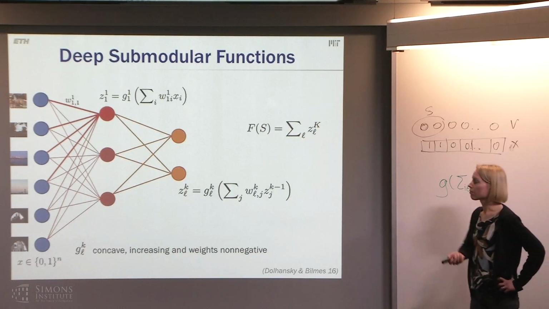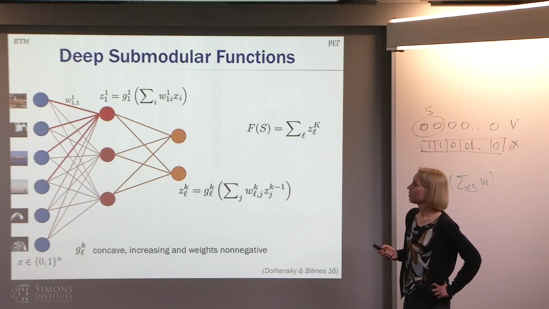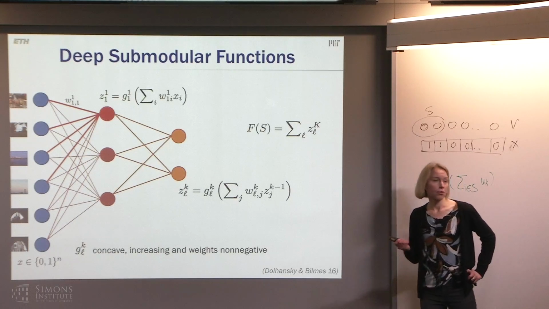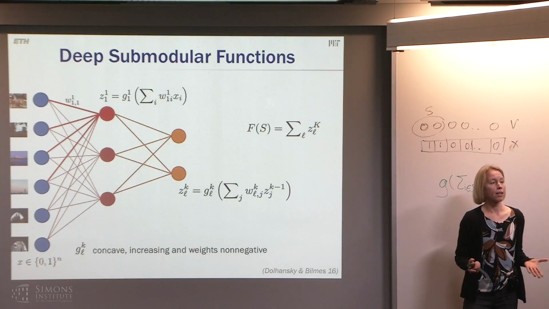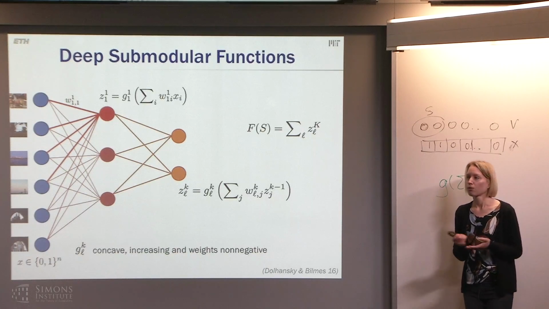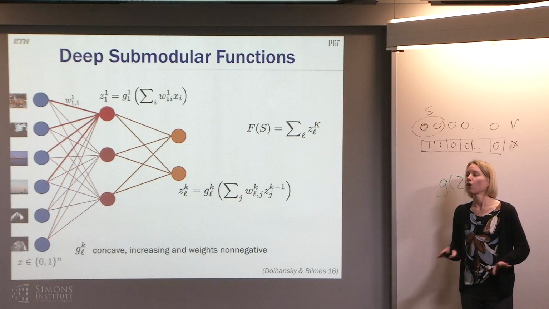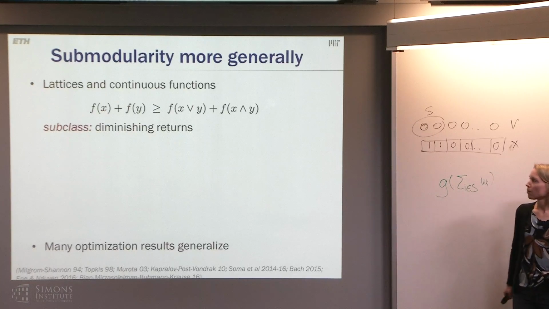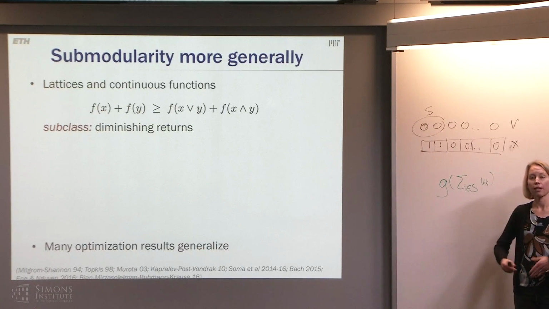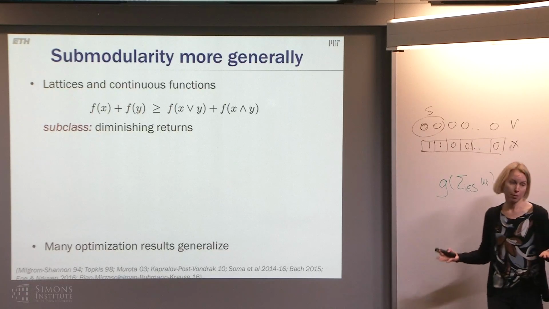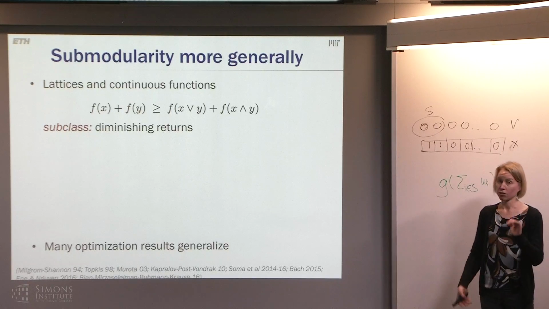Now the relation to convexity and concavity actually gets a little bit more pronounced even when we look at other generalizations of submodular functions. So far I said, well, submodular function is actually always a set function, and it's not completely true. So a submodular function actually can be defined more broadly in what are called distributive lattices. Think about integer vectors.